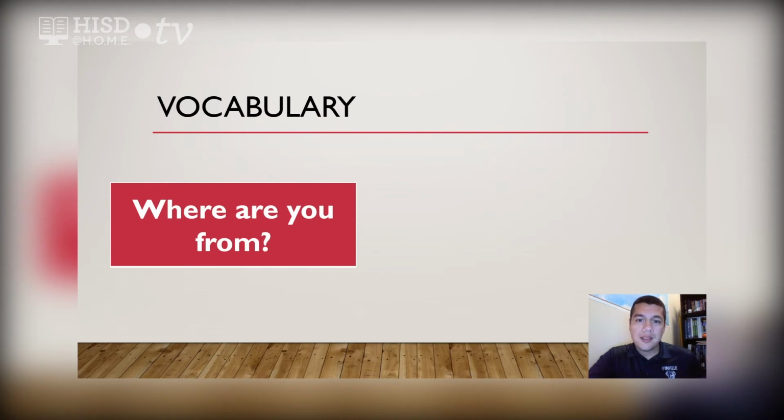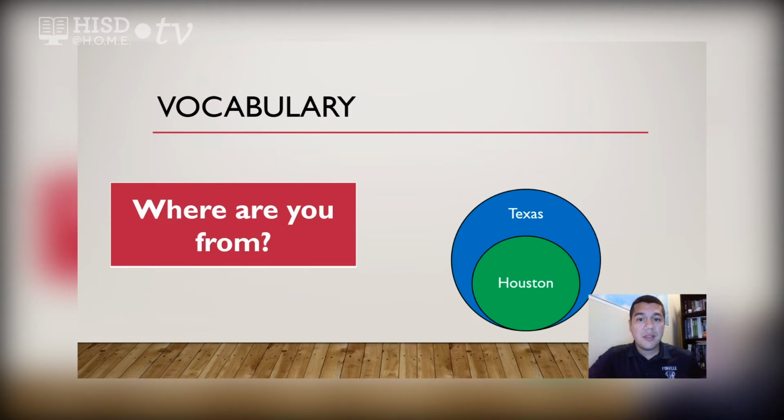We are going to start with a simple exercise, and the question is, where are you from? You can think about the city that you live in. In our example, we're going to say that you live in Houston. So that means that you are part of a group of people that live in the city of Houston. But if you think about it, you are also part of a bigger group of people that live inside the state of Texas.